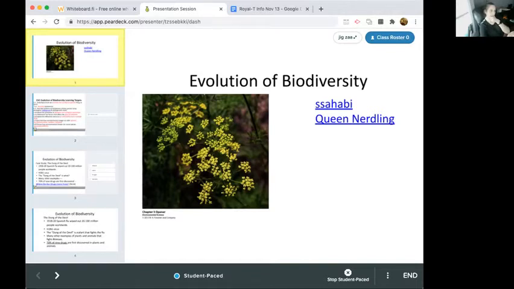So I see you all getting on your week at a glance. That's good. It's the first step. Get to that slide 18 and then get to student paced hyperlink right there. And that will put you into what I'm looking at now, which is the Pear Deck.